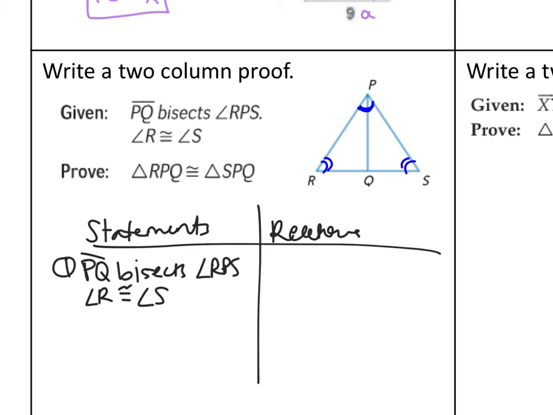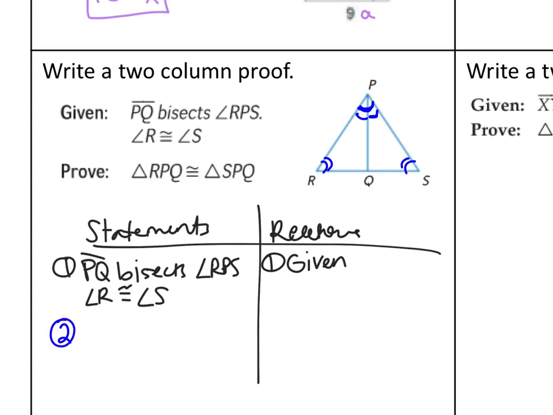Remember, always start with your givens. So reason number one, it's given to me. Now we're going to move on to the next step. I have an angle per my given information that's bisected. Remember, anytime you have an angle that's bisected, it is cut in half.